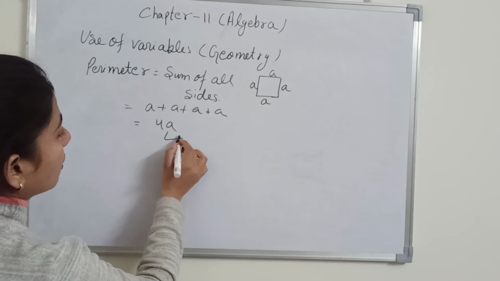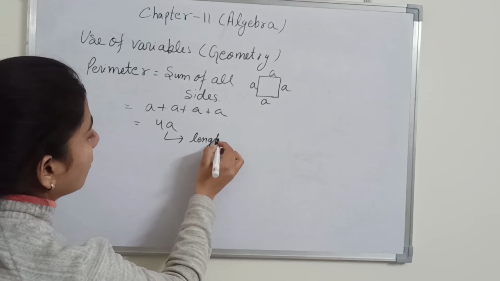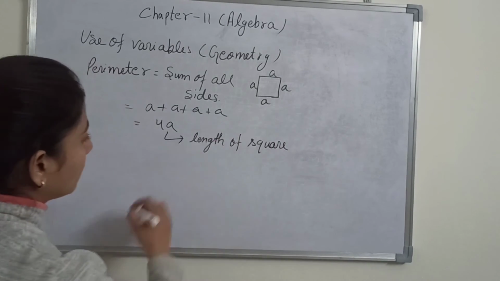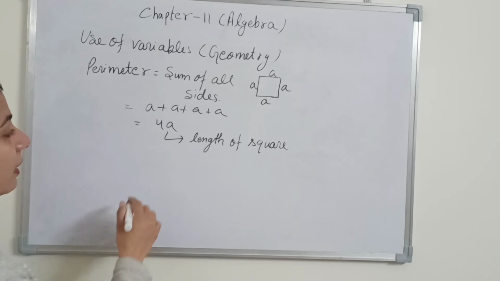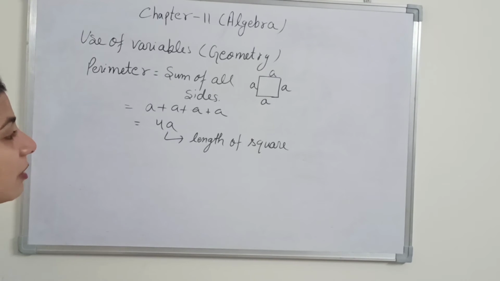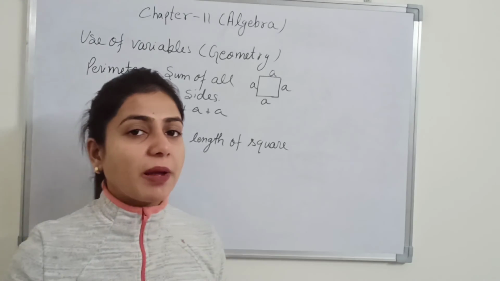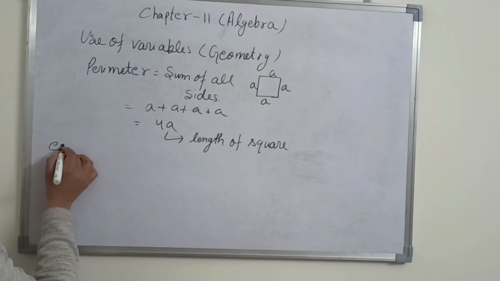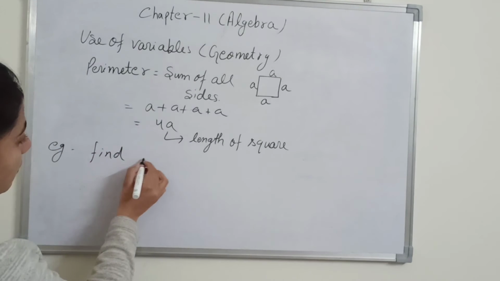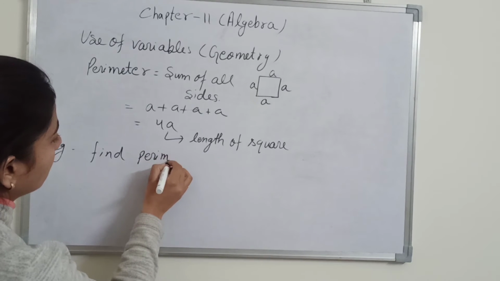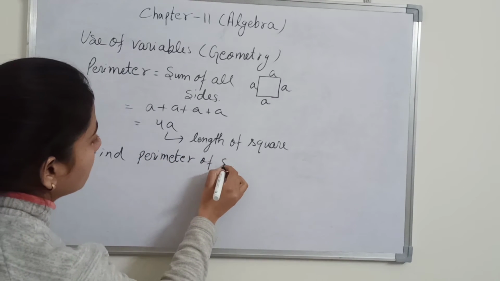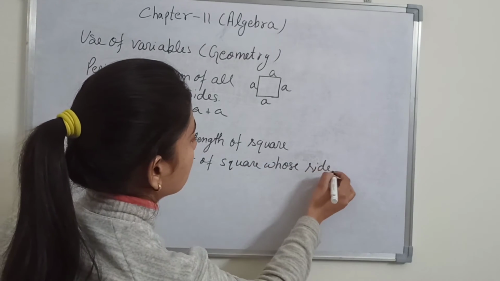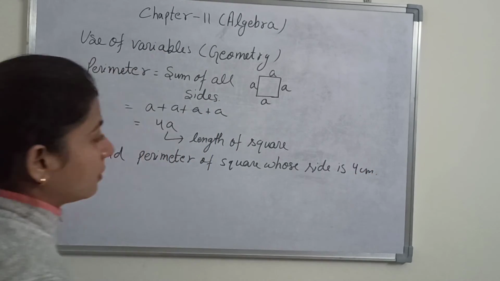So what are we observing here? 4A. A is the length of the square, and A is a variable also. What is A? A is a variable. Its value is not fixed. It can be changed. It depends on the question. Suppose I am taking one example: find the perimeter of a square whose side is 4 centimeter.